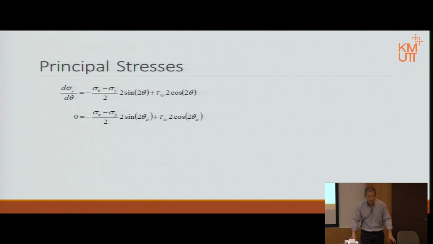Apparently, we should realize this theta here, once we set the slope equal to 0, is not any theta. This is the theta where we find the maximum and/or minimum value for the normal stresses. Therefore, it is a specific angle, a specific theta. In this case, we name it theta p, the principal angle. Okay.